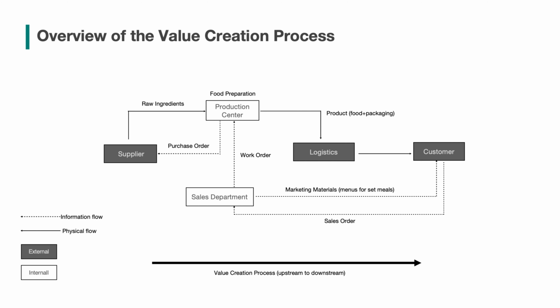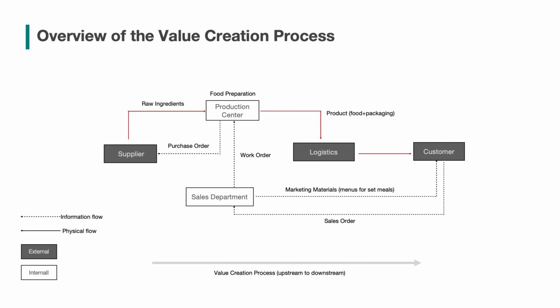In this case, the customer places an order with Pudu's sales department. The sales department then issues a work order to the internal production center, which in turn generates a purchase order for the supplier based on the work order. This sequence represents the information flow of the entire business activity.